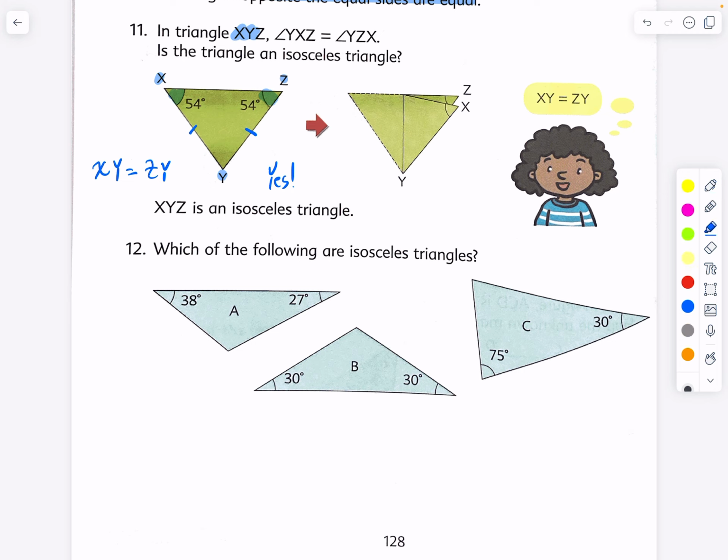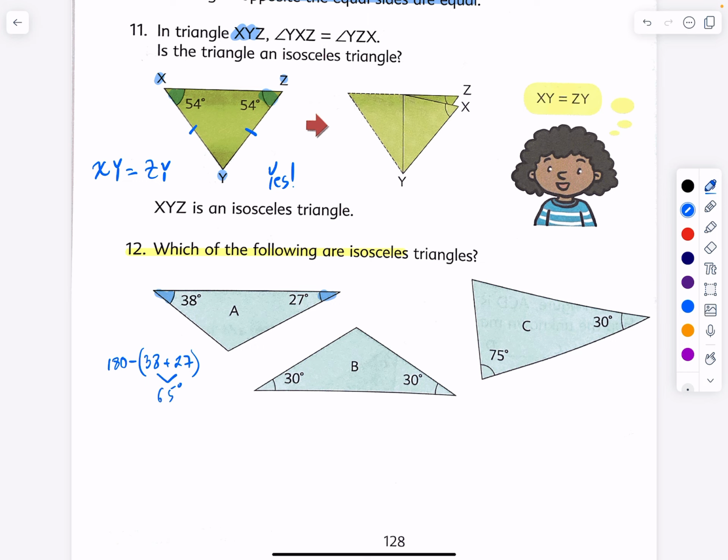What is being asked? They're asking us which of the following triangles are isosceles. Well, let's see. What do we have? We have an angle that measures 38 degrees, and an angle that measures 27 degrees. Well, just to check on the third angle, we have 180 minus 38 and minus 27. 38 plus 27 is 65.